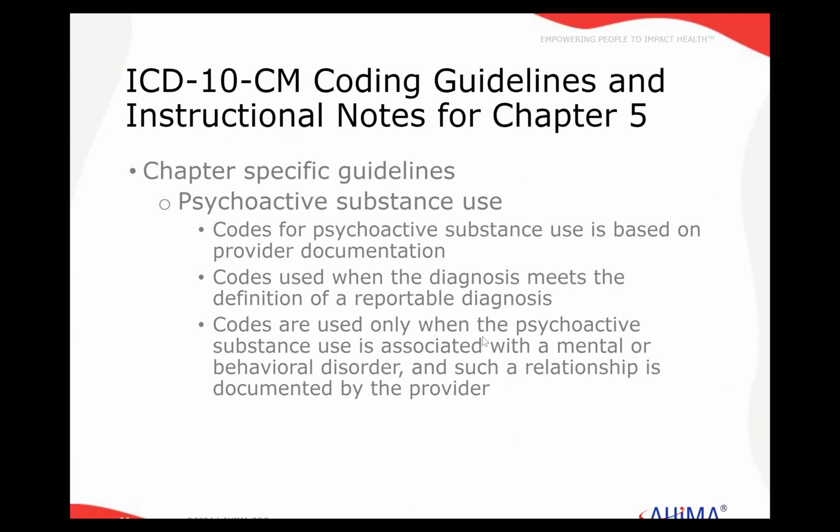There are other chapter-specific guidelines for psychoactive substance abuse, use, and dependence. So three very important things to keep in mind that you need to keep reading for: what is use, what is abuse, and what is dependence.